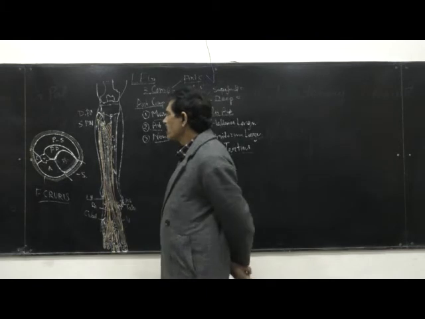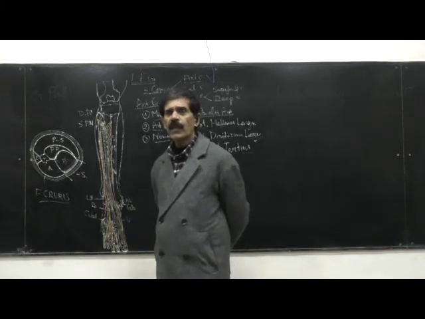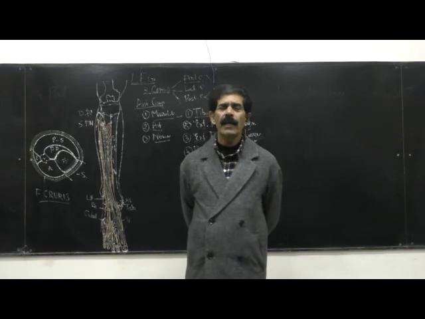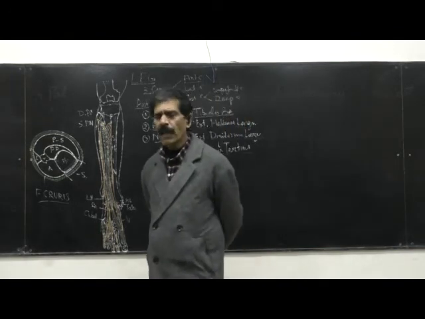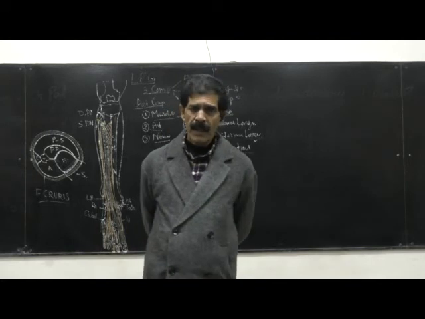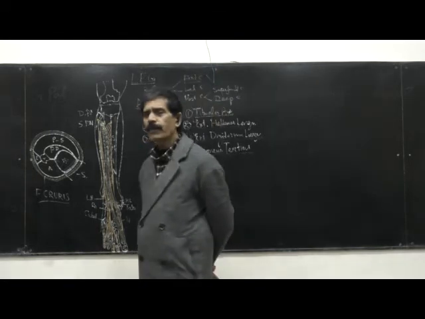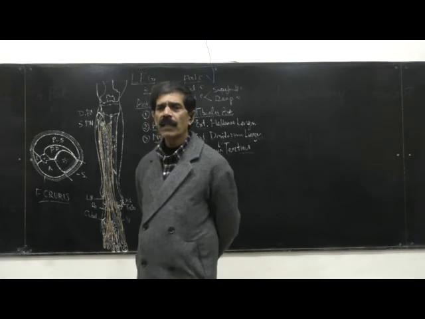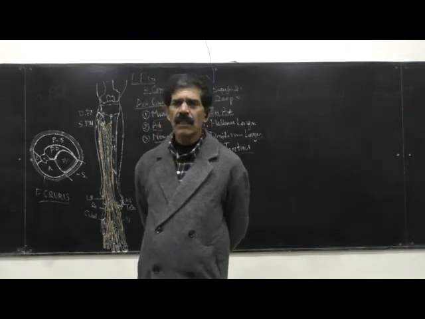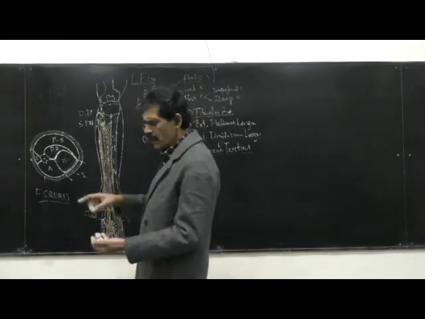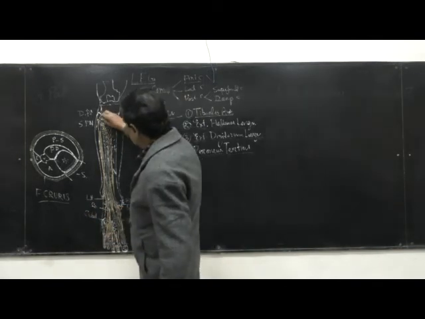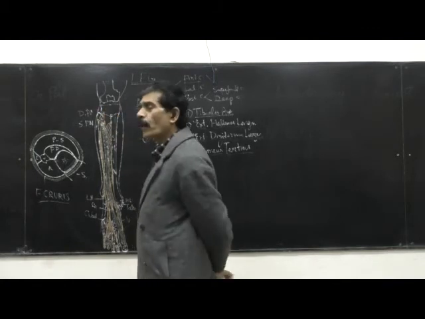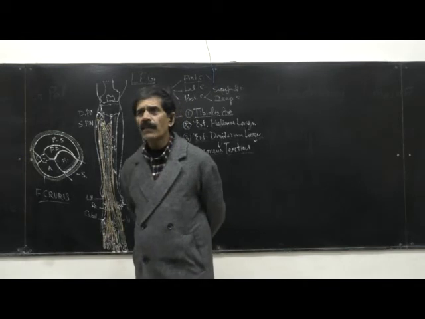Now, this deep peroneal nerve, which is the nerve of the anterior compartment, will be accompanied by an artery called the anterior tibial artery. As we have done, the popliteal artery in the popliteal fossa runs obliquely from the hiatus magnus up to the upper border of the interosseous membrane. And here the popliteal artery divides into anterior tibial and posterior tibial.